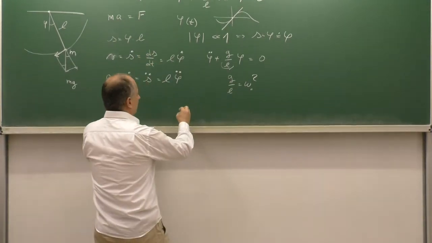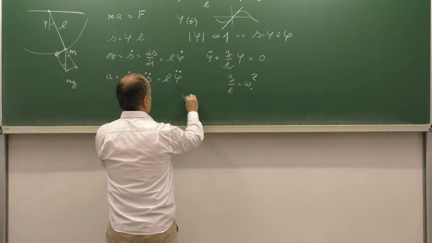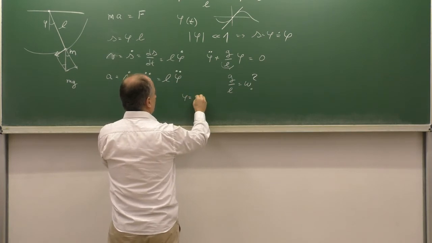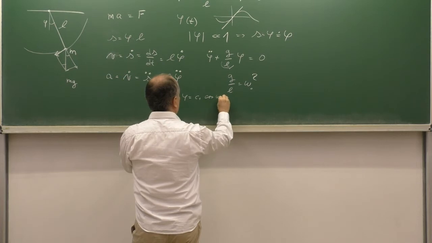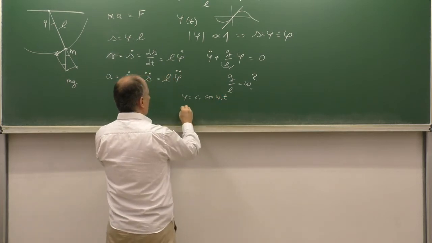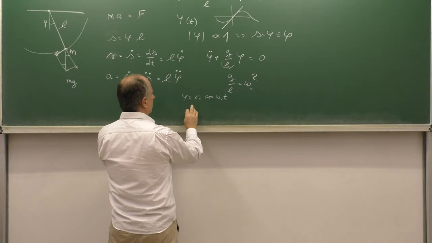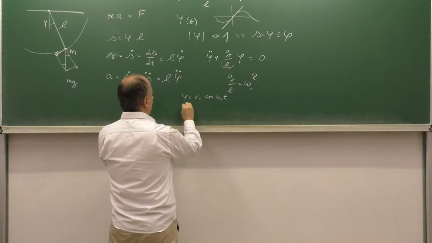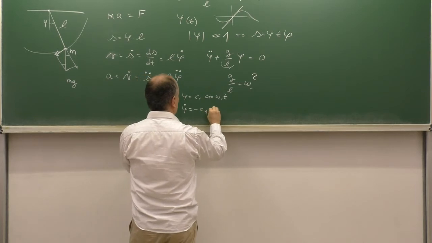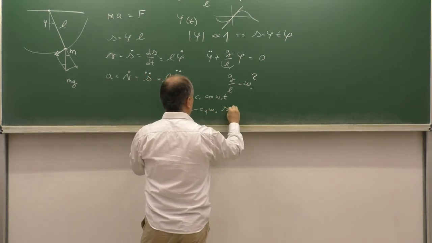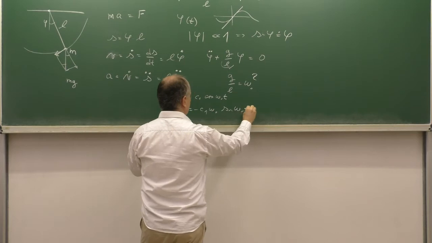So we can write that phi is some constant times cosine of omega 0 t, and then the phi derivative is minus c1 omega 0 sine omega 0 t.